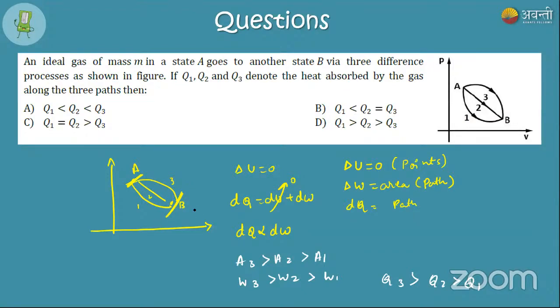If you increase the area, Q increases, since delta U is equal to 0. Okay, cool. Shall I move on to the next question then?